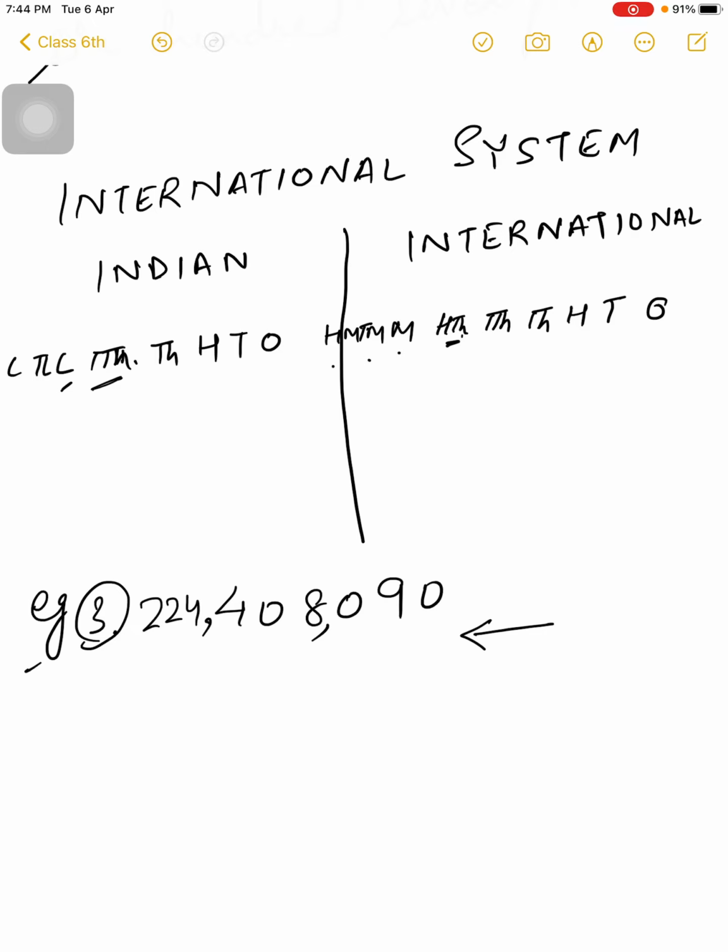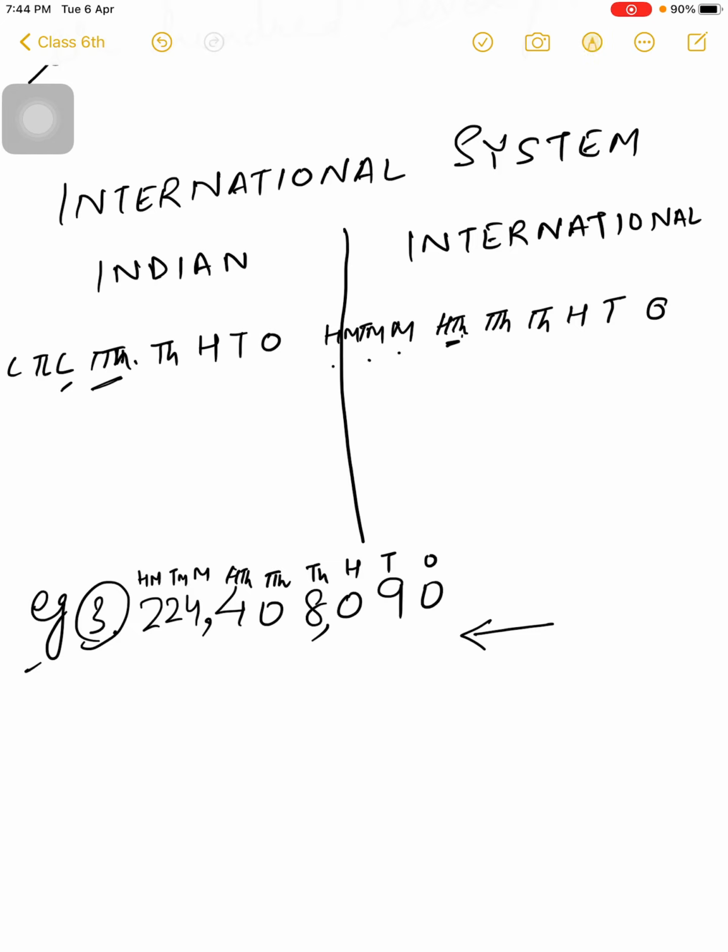Then you will be able to read the number and write the number name easily. So ones, tens, 100, 1000, 10,000, 100,000. Then million, 10 million, 100 million.